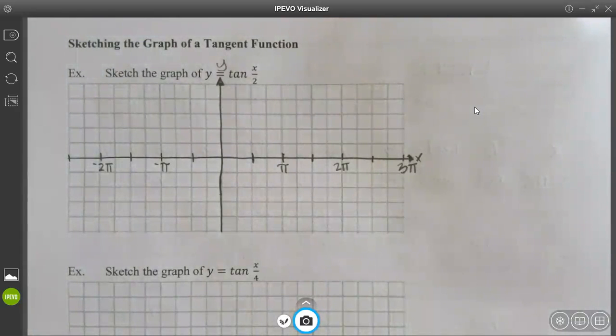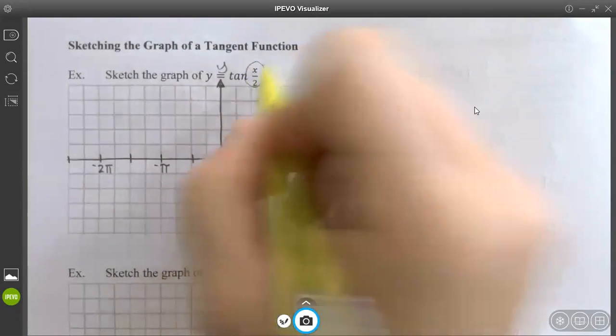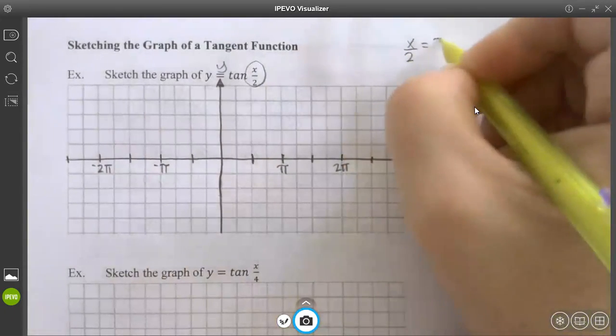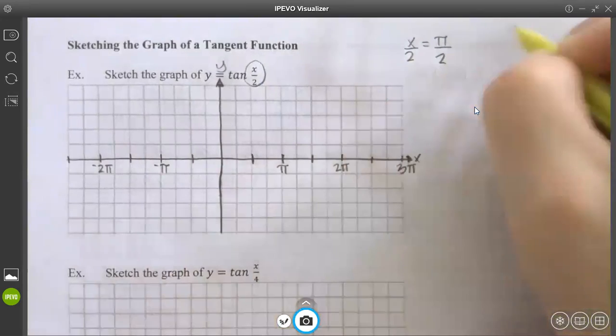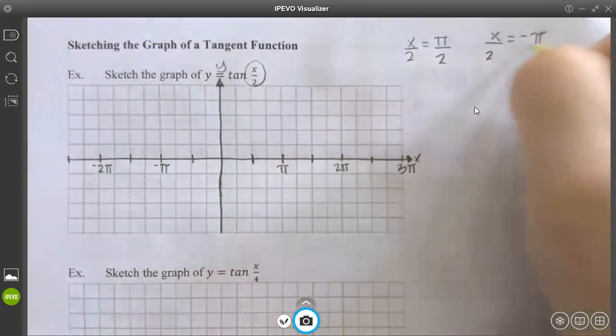All right, so we need to find our vertical asymptotes and then we need to find our intercepts and then some random points. So how do I find my vertical asymptotes? What did it tell me to do? Whatever's with that tangent, we're going to set equal to pi over 2 and negative pi over 2.